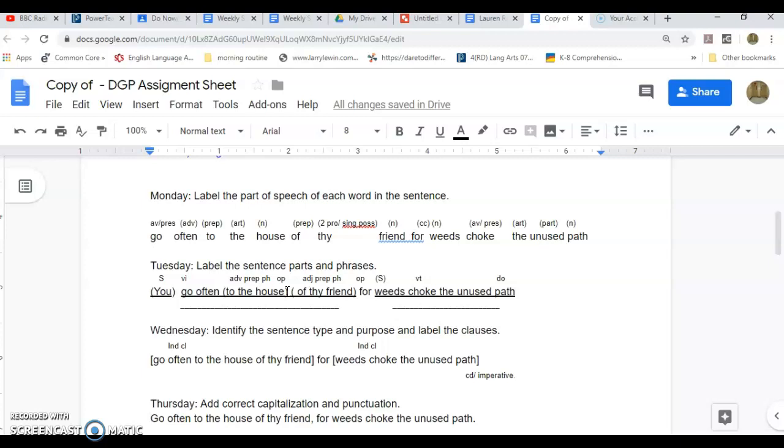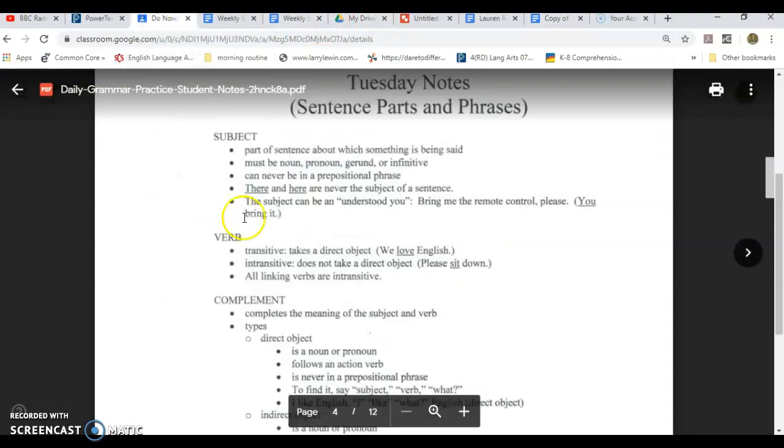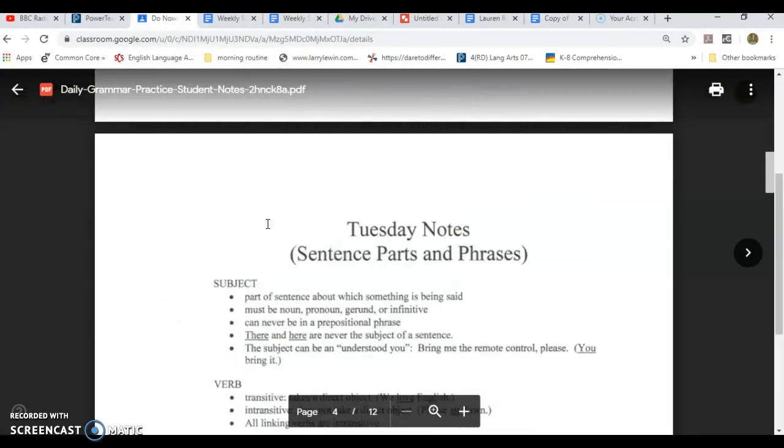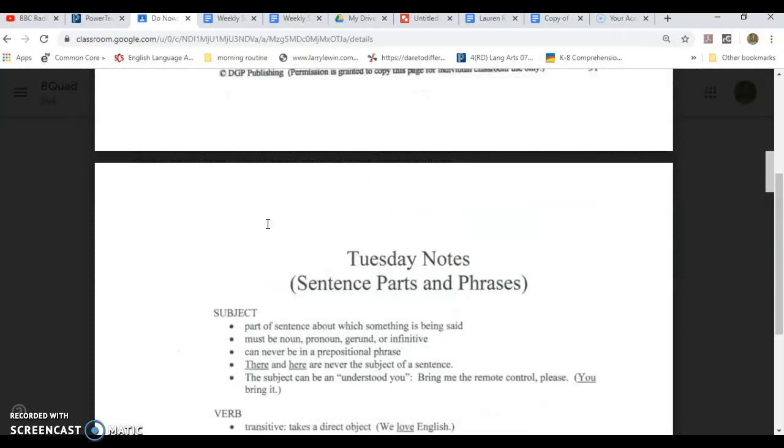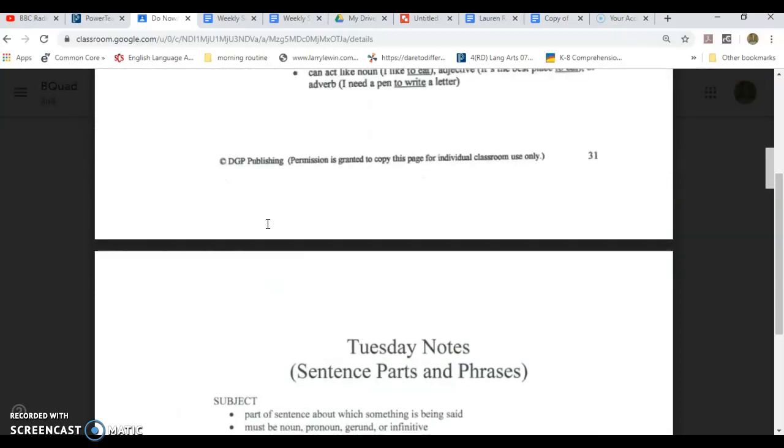Now, here's the hard part. Is this prepositional phrase an adjective or an adverb? Well, how do you answer that? Easy. You go back to your Monday notes, and you say, okay, to the house. Well, what question is that answering for me? Is it telling me how, when, where, or to what extent?